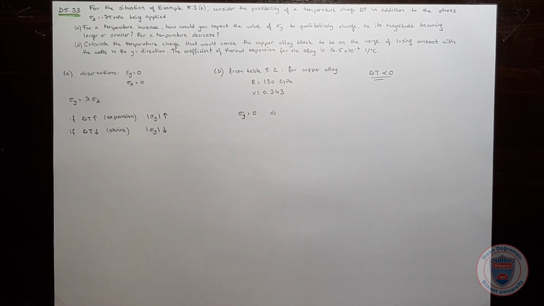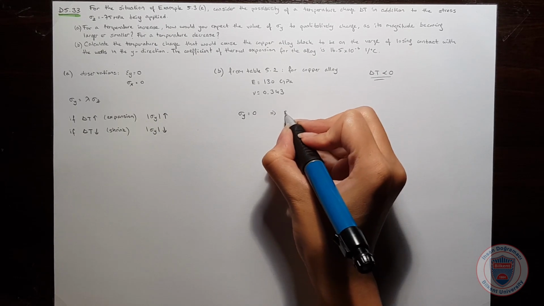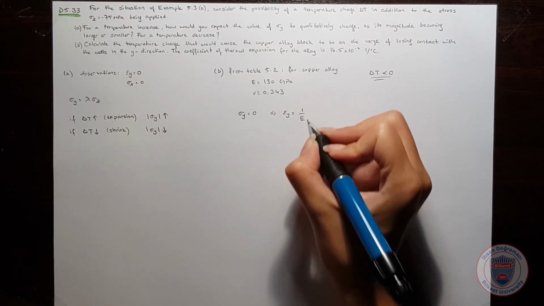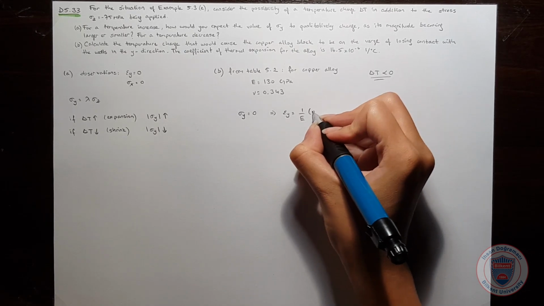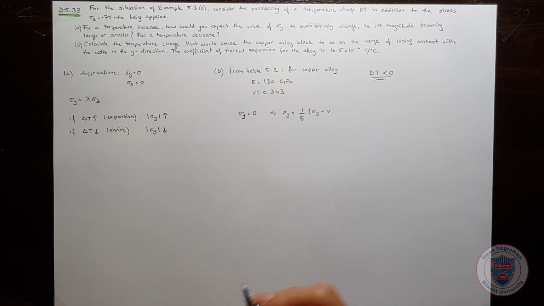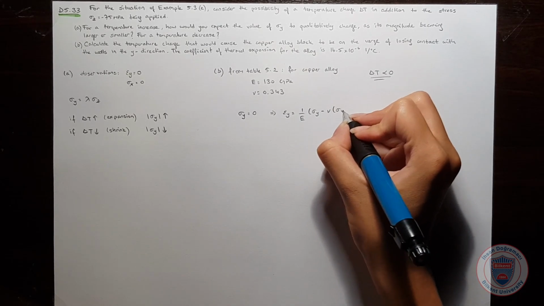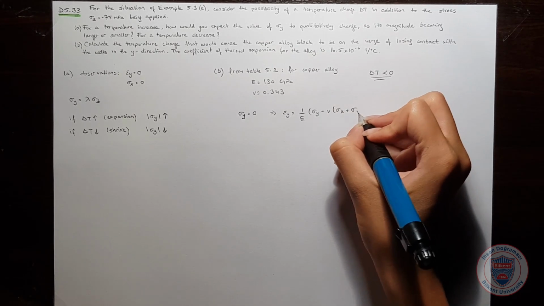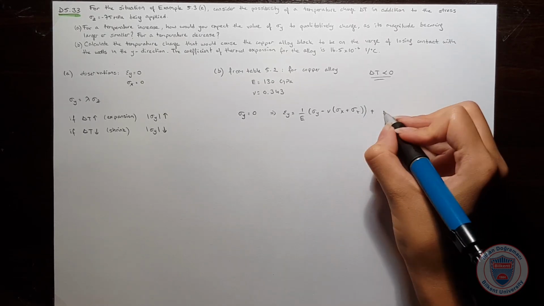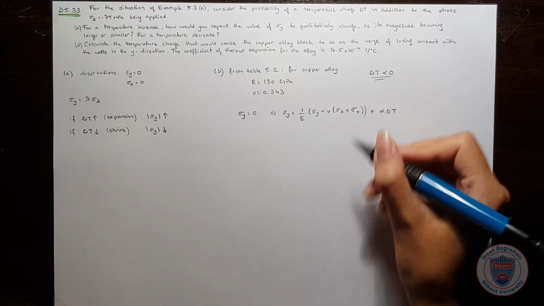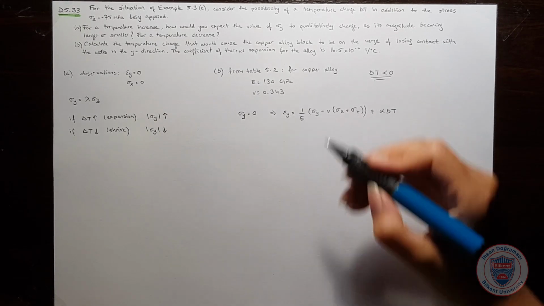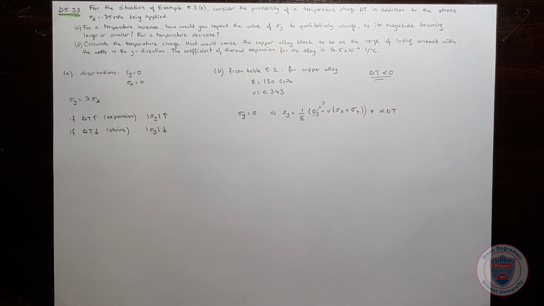Let's calculate epsilon y. It is 1 over E times sigma y minus Poisson's ratio times sigma x plus sigma z, plus alpha delta T because of the temperature change. We know that sigma y will be 0.